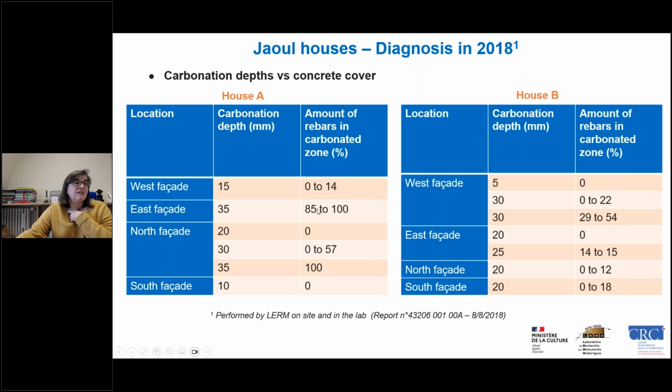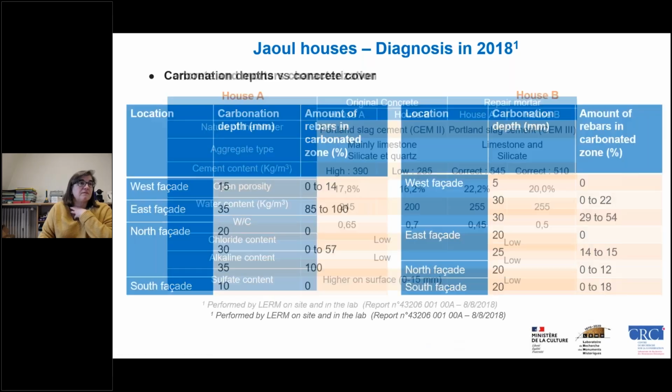And here you can see the amount of rebars in carbonated areas in the first house, and it could lie between 0 to 100%. On the second house, same range of carbonation thickness, and a little less areas where the rebars were in carbonated concrete.